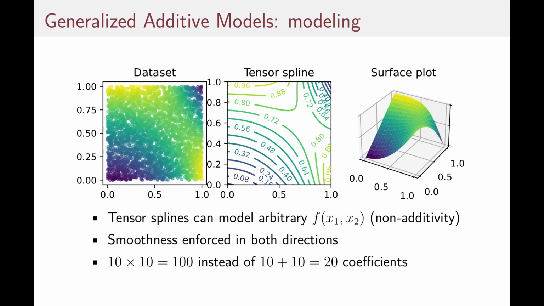You can imagine choosing some additive function over one feature x1, and then over x2, and then adding them together, trying to produce this, and you can't. So this is a non-additive data set because we have an interaction term between x1 and x2.